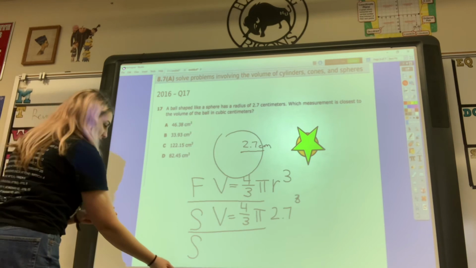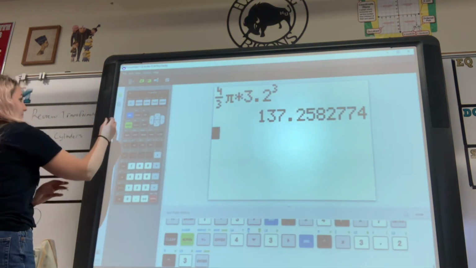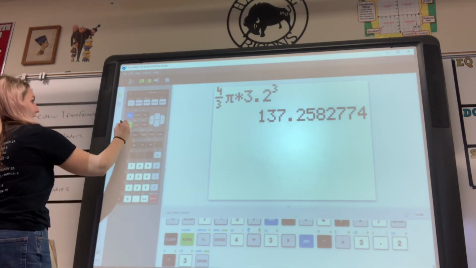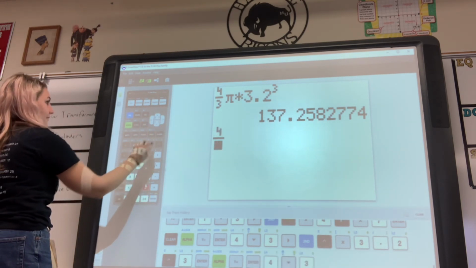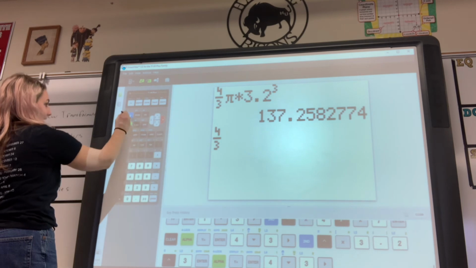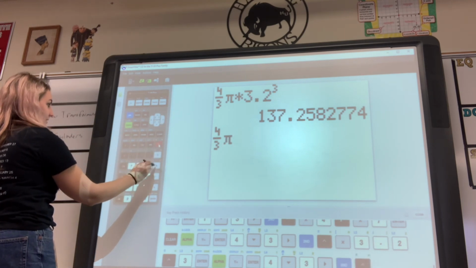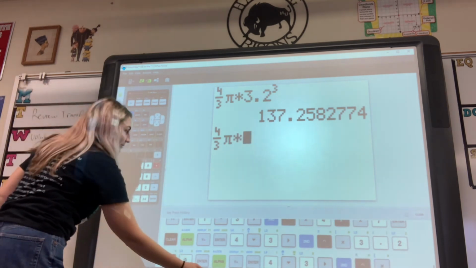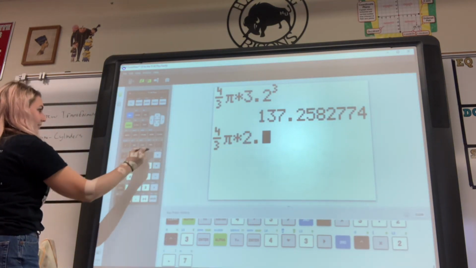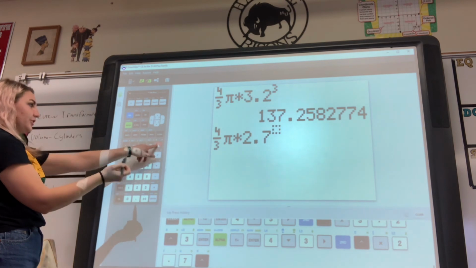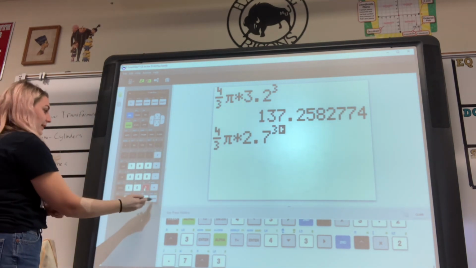As we go into our calculator, I'm going to do alpha y equals 4/3 pi times, I already forgot my number, 2.7, again, caret, giving your exponent to the third power.